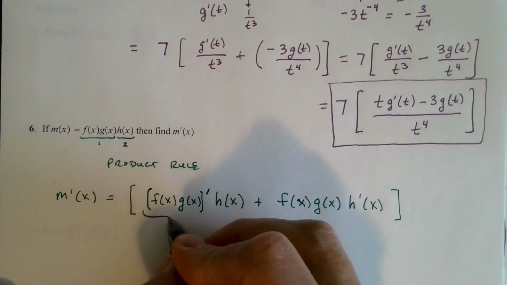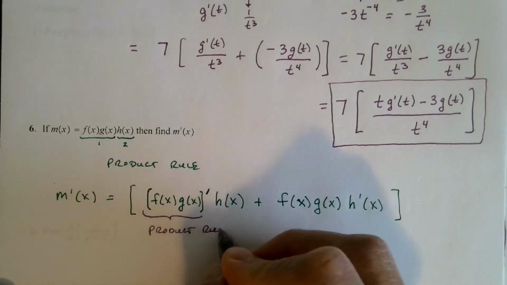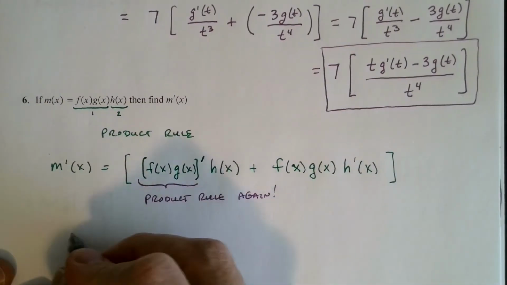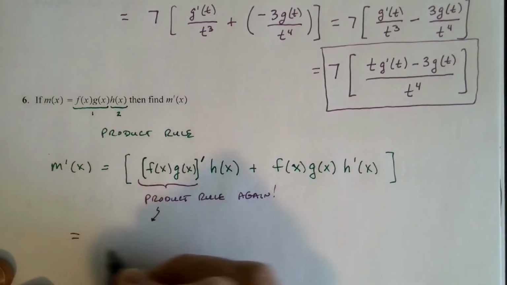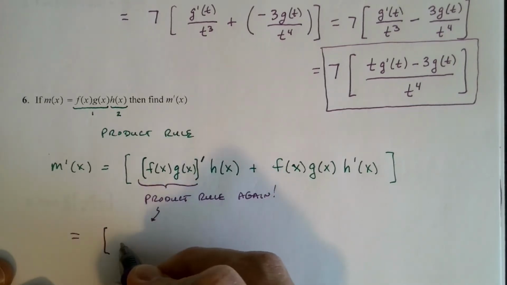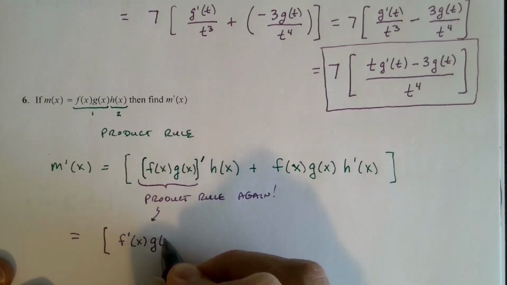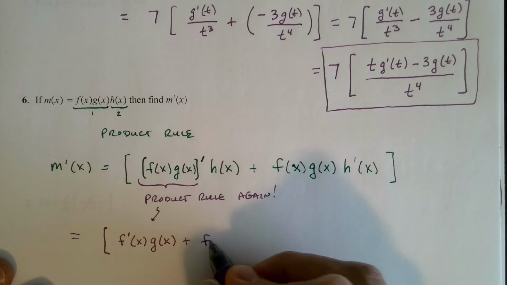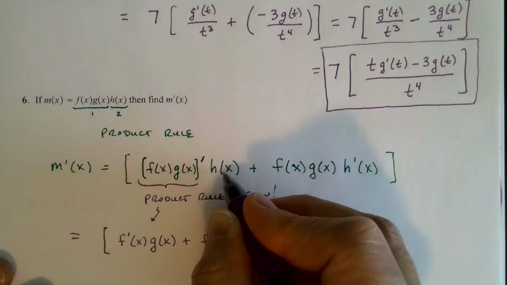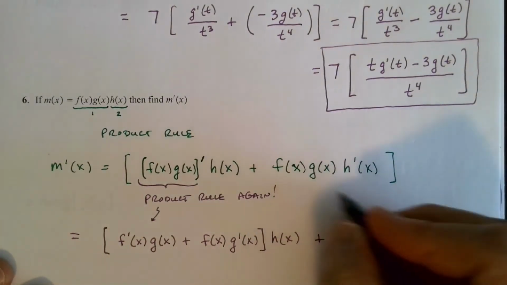Okay, but now when we look at this right here, what are we looking for? The derivative of f of x times g of x. This is product rule again. So I've got a product rule inside a product rule. And so what's this product rule going to be? It's going to be derivative of the first, which is f prime, times the second g of x, plus the first times the derivative of the second. And don't forget times h of x. And I still have this part over here.